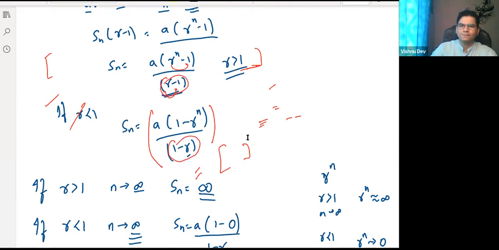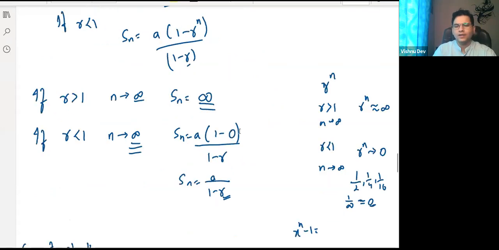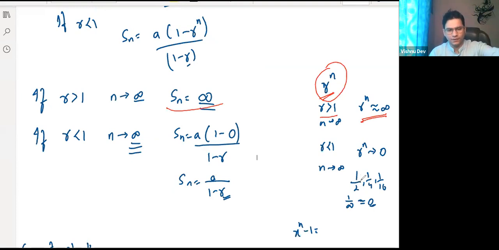Now after this, we studied what if we want to find the sum till infinite terms, meaning if we keep going on, what will happen? That also depends on the value of r. If r is greater than 1, then r power n will become infinity, so the sum will become infinity. But if r is less than 1, like 1/2, then if you increase the power of that number, 1/2 whole square is 1/4, 1/2 whole cube is 1/8, 1/2 to the power 4 is 1/16, it will keep on decreasing.